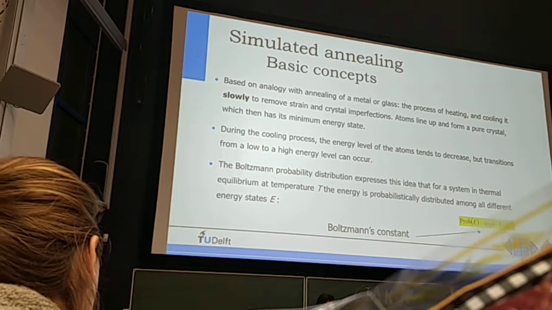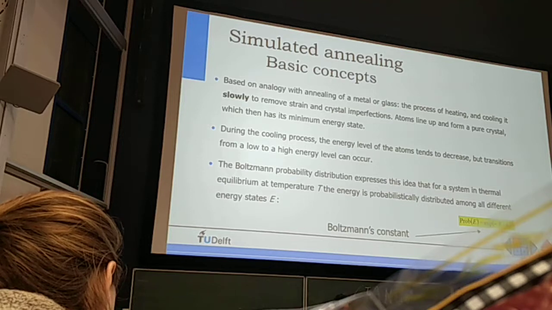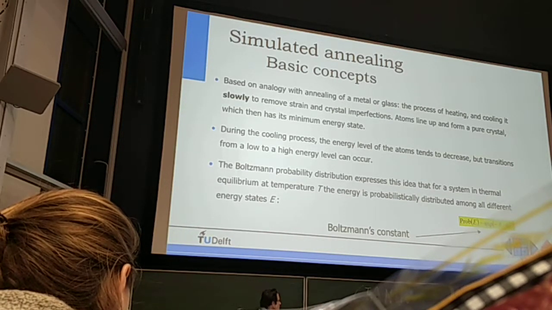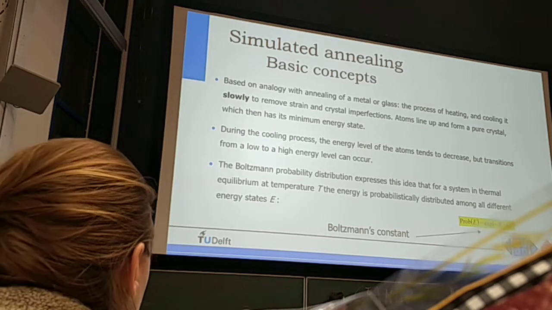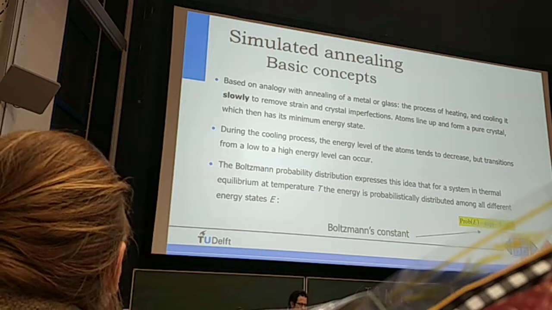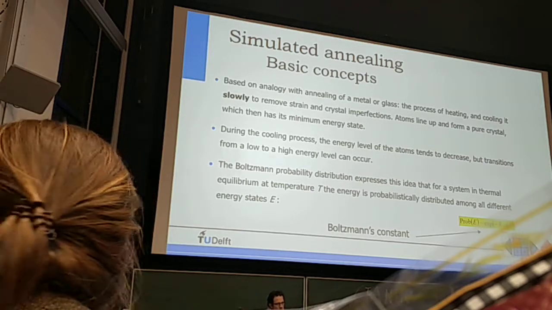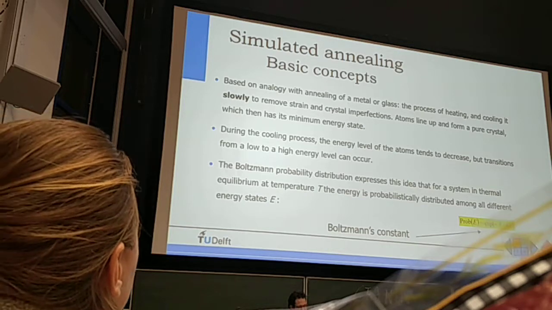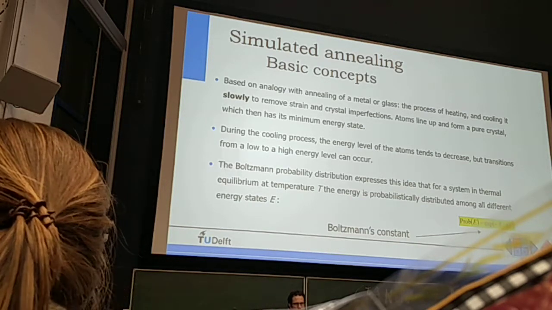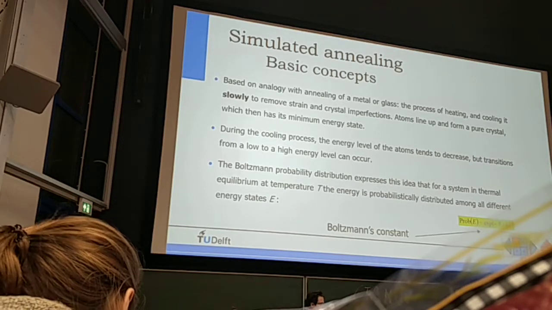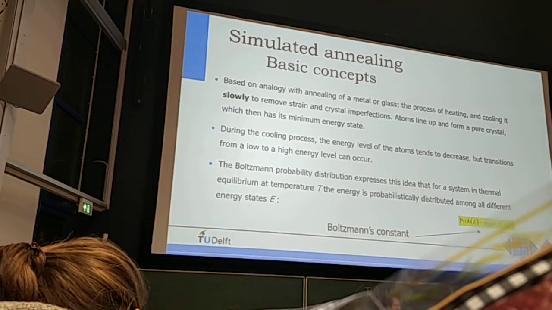What we then use is a Boltzmann probability distribution to express the idea that if we have thermal equilibrium at temperature T, then the energy probability will be distributed as e to the power minus E divided by k times T. That means that the lower E becomes, the lower the probability that we'll see a shift occurring. So as time progresses, the chances of a shift become less and less.